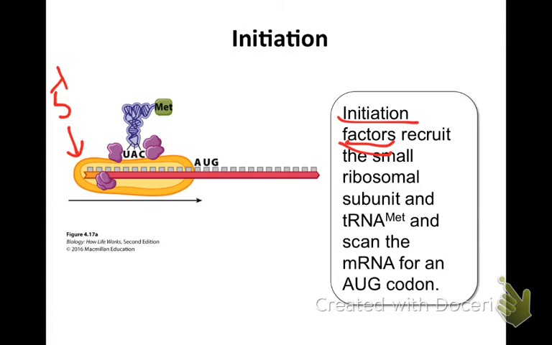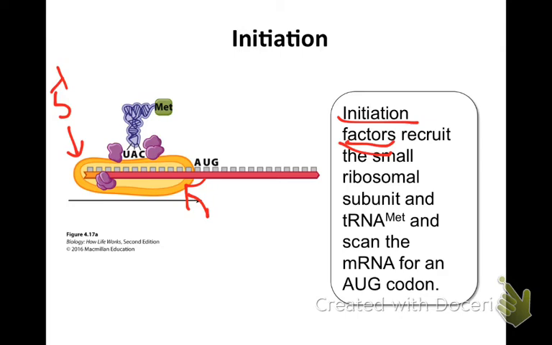When they come in contact with a messenger RNA strand that hasn't been initiated yet, they attach to it in such a way that they bring over with them the small subunit of the ribosome. Remember, the ribosome has two parts, and they're not always together.